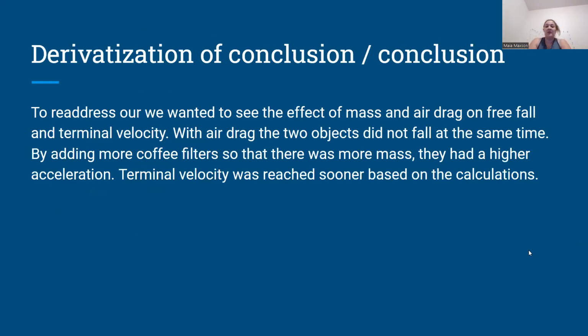To readdress, what we wanted to see was the effect of mass and air drag in free fall and on terminal velocity. With air drag, the two objects did not fall at the same time. By adding more coffee filters so that there was more mass, they had a higher acceleration, and terminal velocity was reached sooner based on the calculations with the 7 coffee filters.